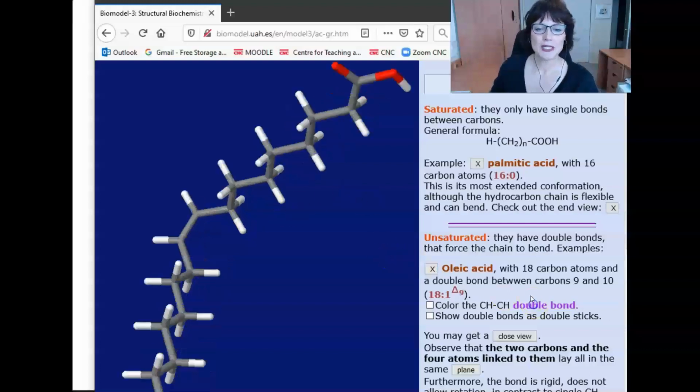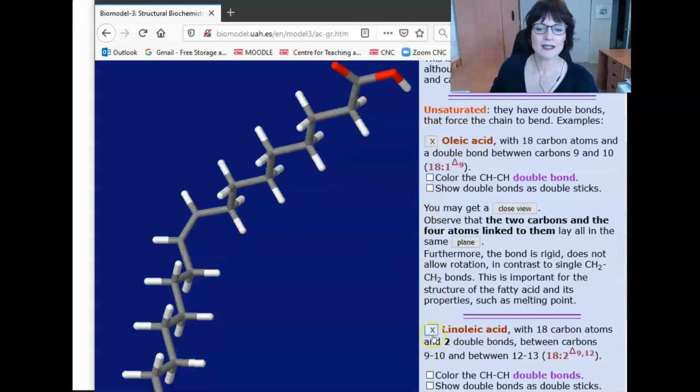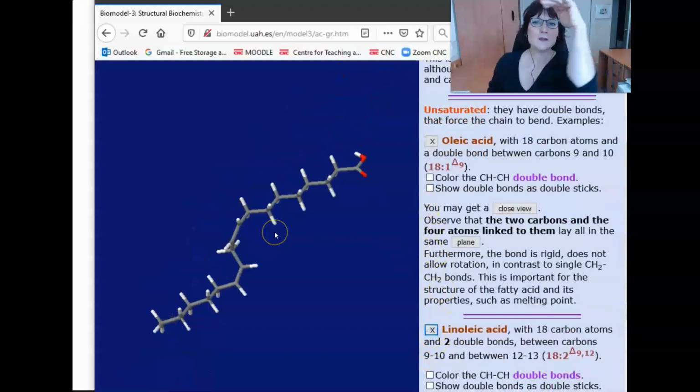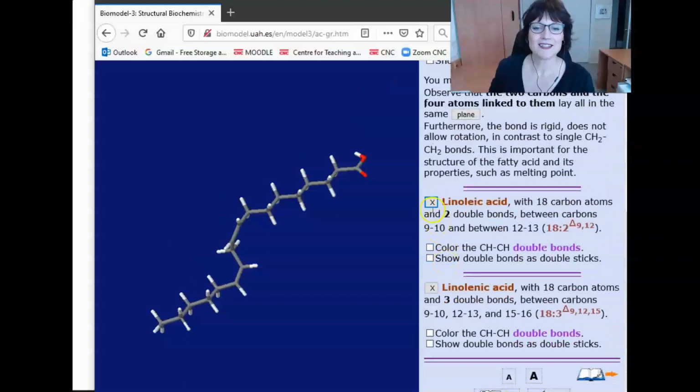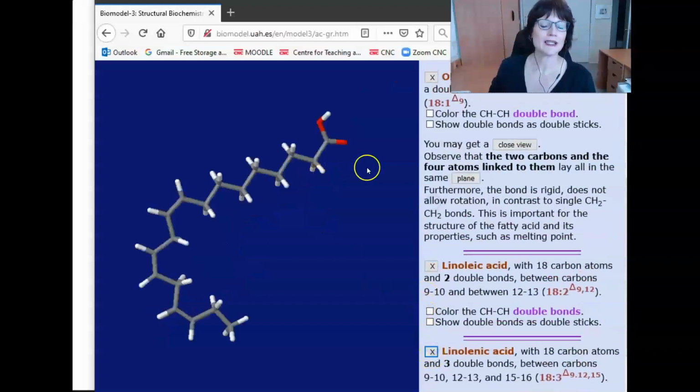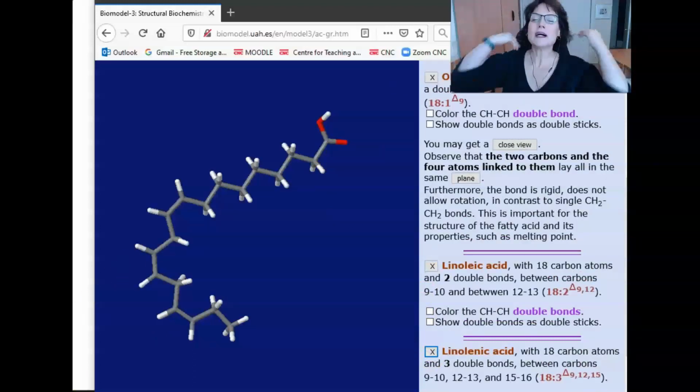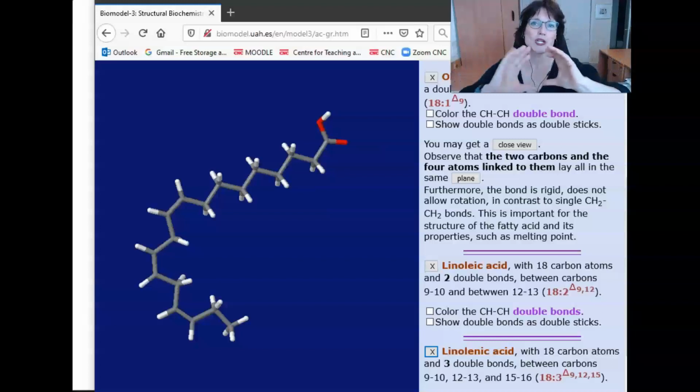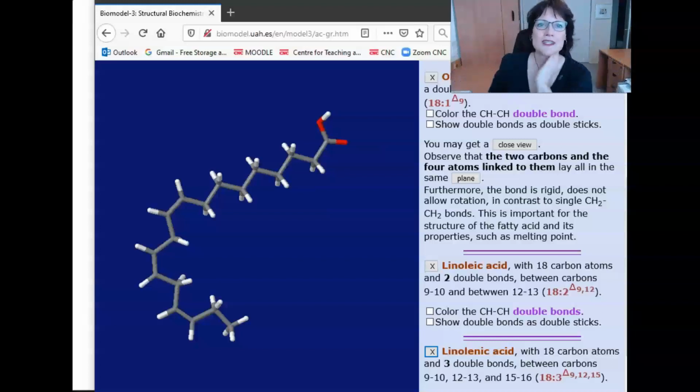And the more double bonds, the more kinks in these fatty acid chains. Okay. And how does that change the overall shape of the fat if it's saturated versus unsaturated?